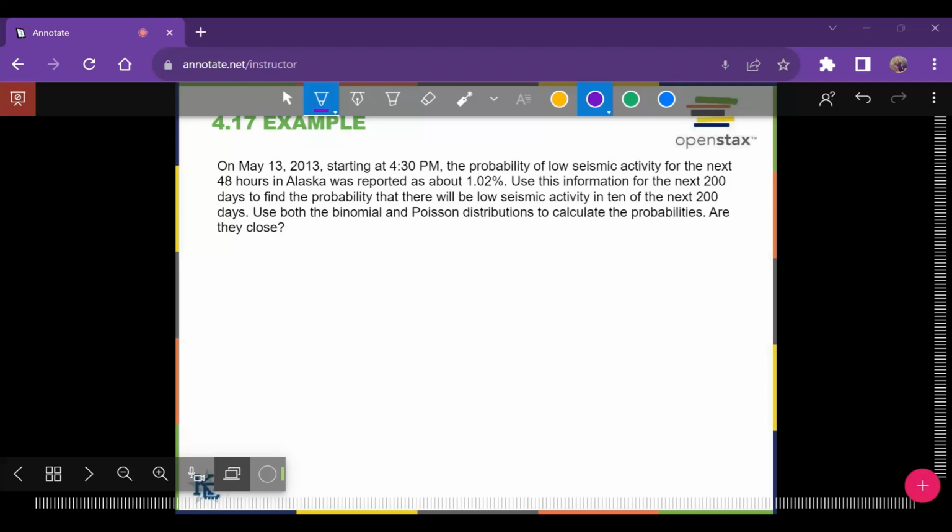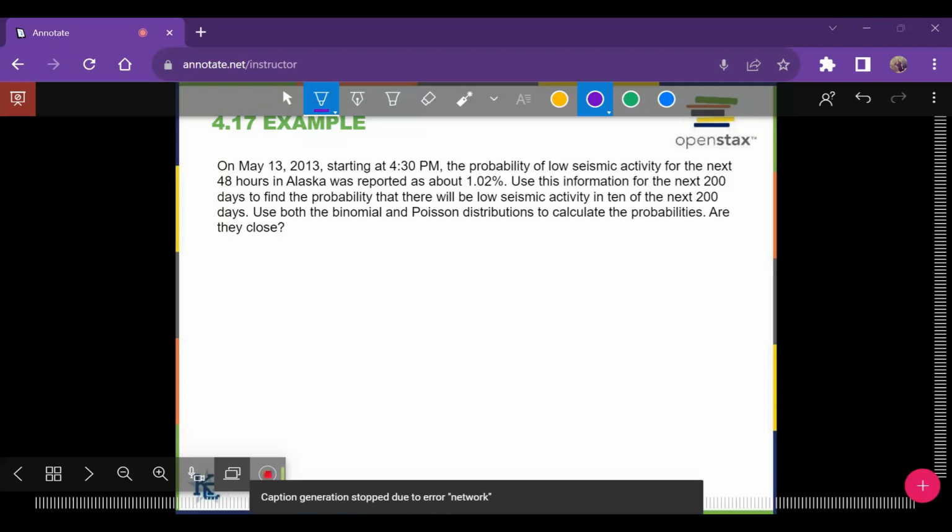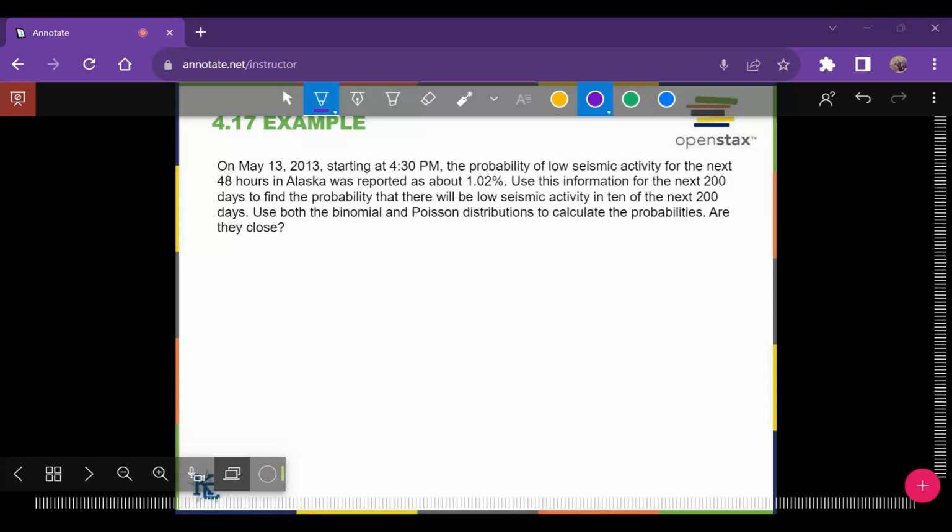In the binomial distribution here, we're looking at x equal 10 out of 200, and the probability is this decimal form here.